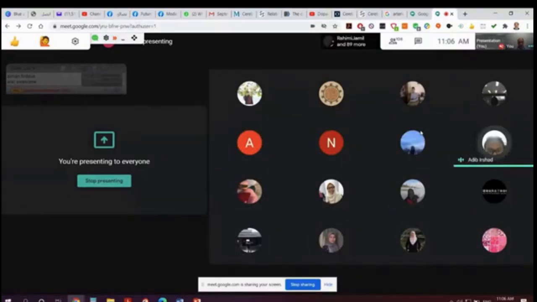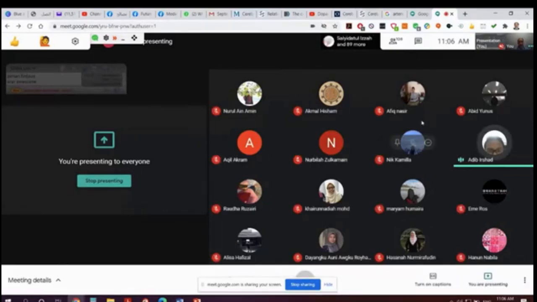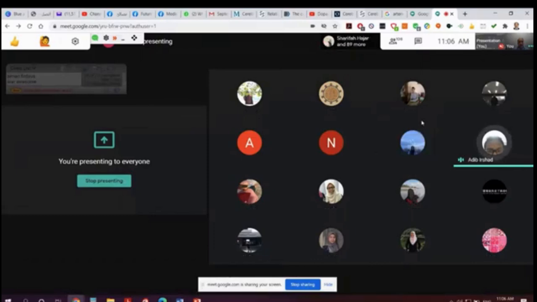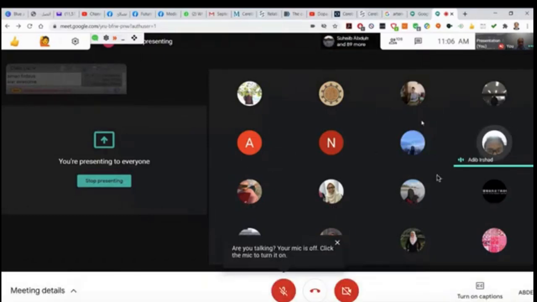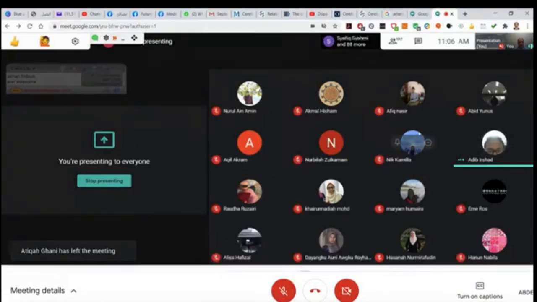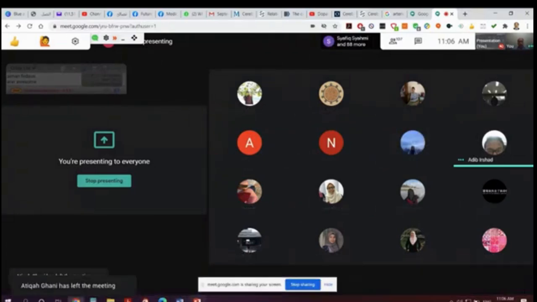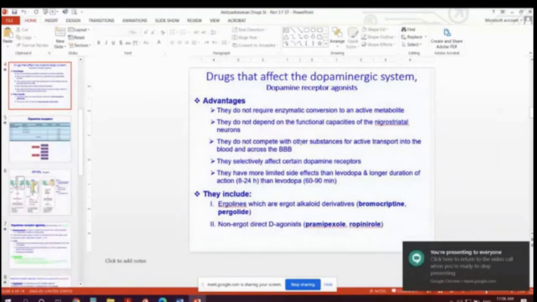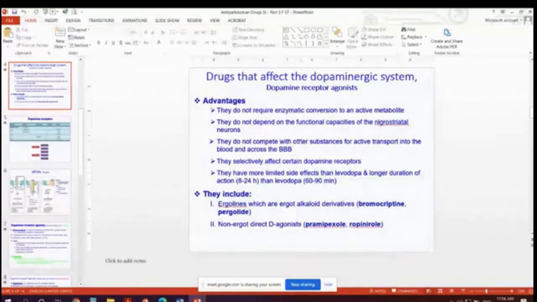Regarding levodopa and also dopamine receptor agonists, does it mean that dopamine receptor agonists are more superior compared to levodopa in clinical use? Very good question, Irshad. Actually, if you look at the prototype or the drug of choice for treatment of Parkinsonism, you'll find it's levodopa, right?